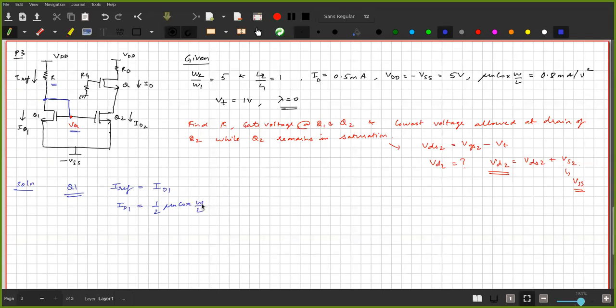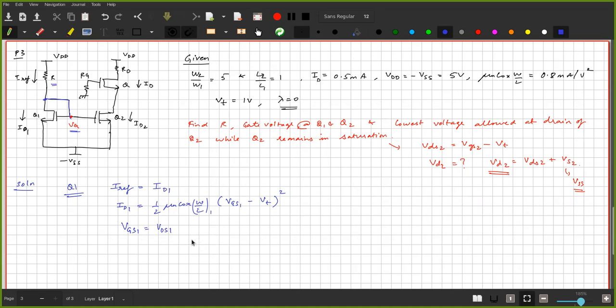You are going to be looking at this saturation equation a lot. By the time you finish off this course, this will actually be imprinted in your mind. Anyway, VGS1 is actually VDS1. I'm writing all the equations associated with Q1.